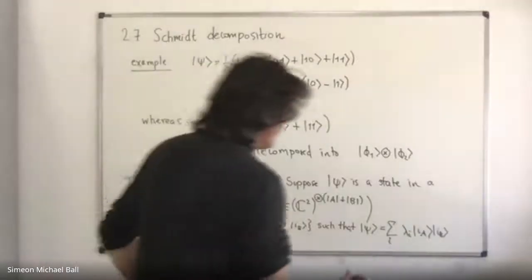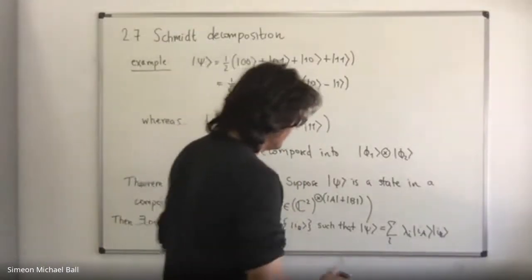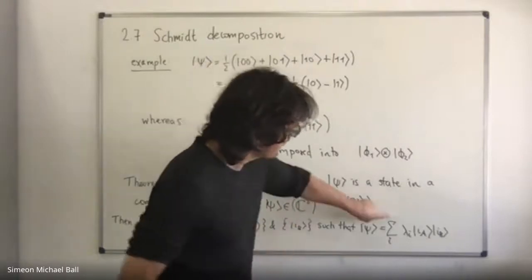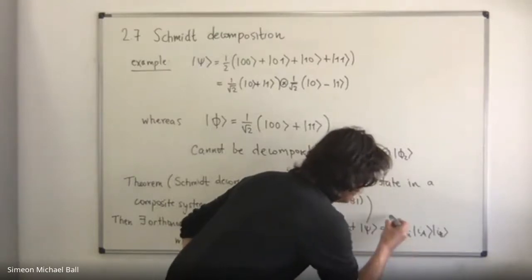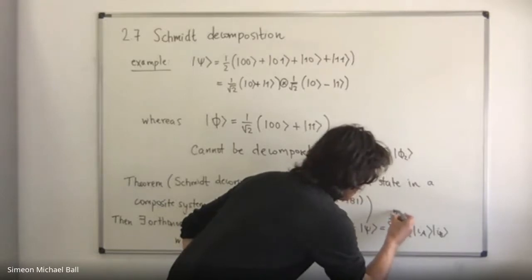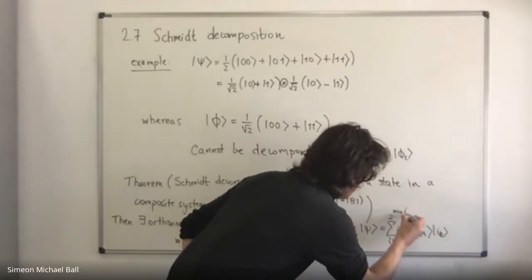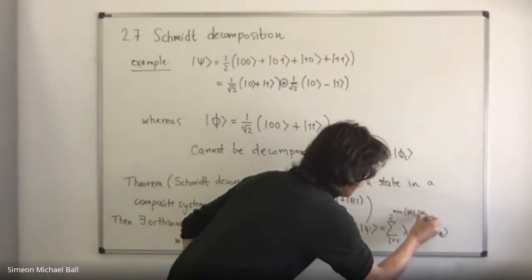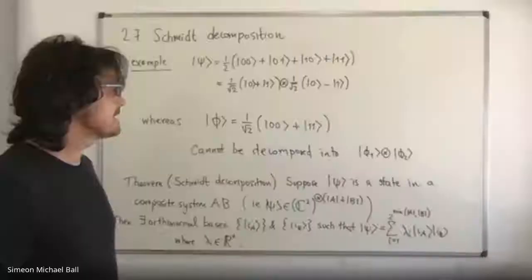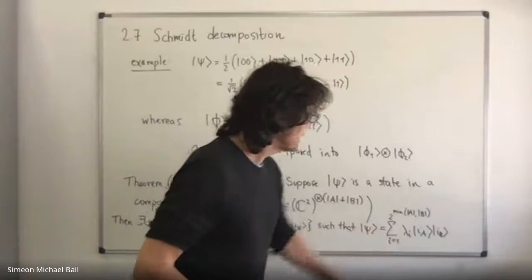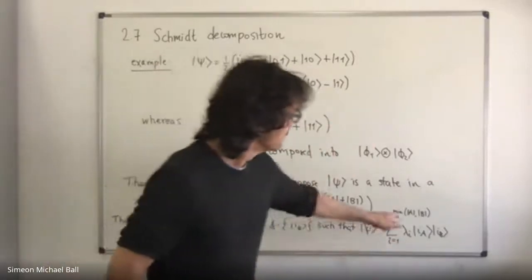Okay, so this sum would go from 1 to 2 to the minimum of A, B. Then it's not like a double sum. It is the whole sum, but maybe just take the lambdas to be 0 after the minimum.